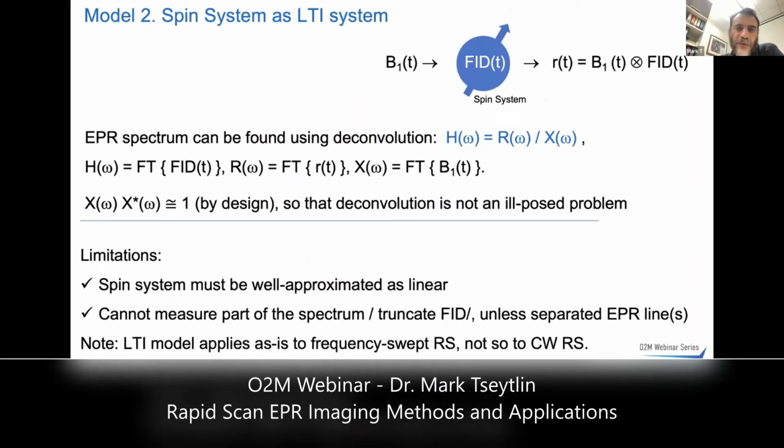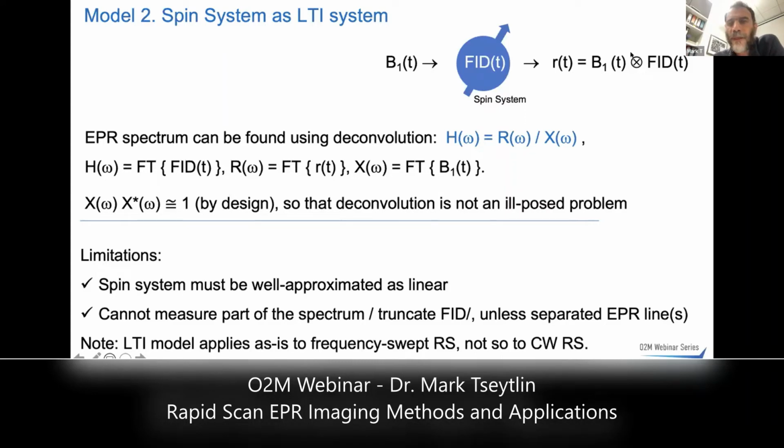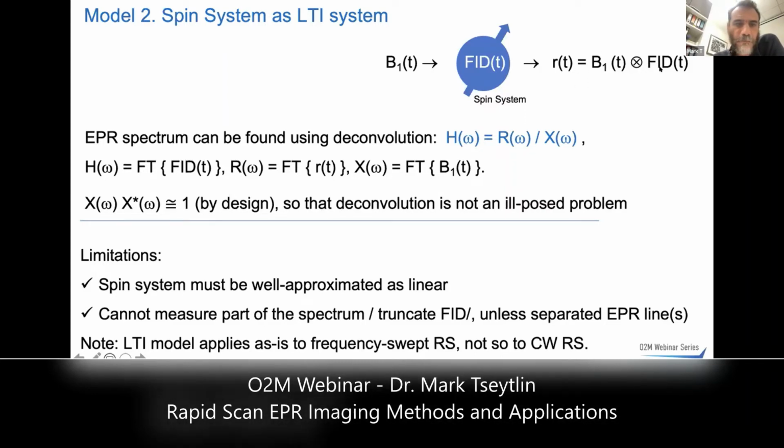Okay, so closer to EPR, to magnetic resonance. If the spin system is approximated as a linear system, then as I just described, what you measure in the experiment will be a convolution of your excitation function and the FID.